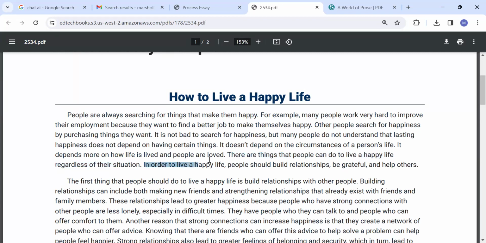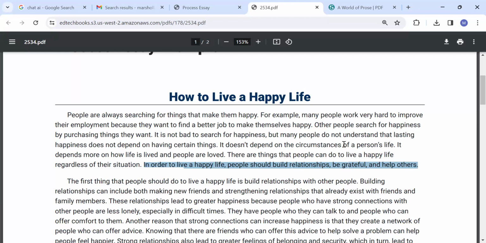After the broad statement, we now have our thesis statement. And our thesis statement is going to list what it is we're going to need and what it is we're going to do. So in order to live a happy life, people should build relationships, be grateful, and help others.